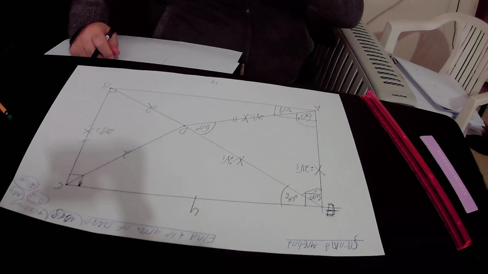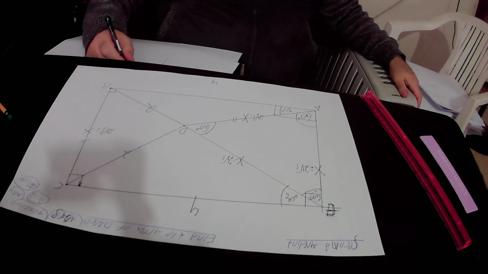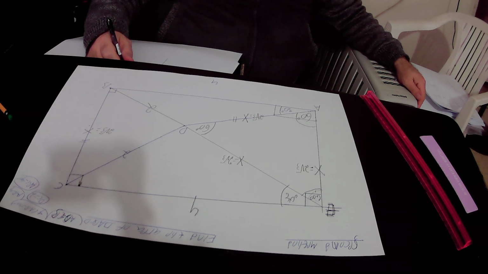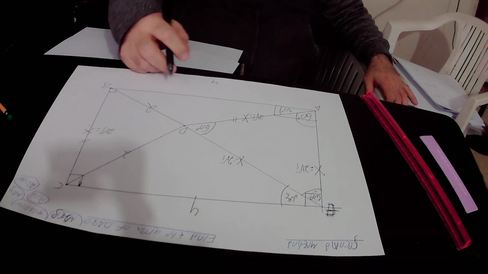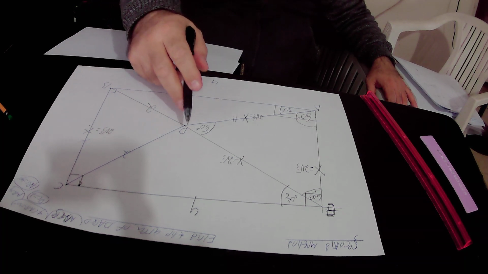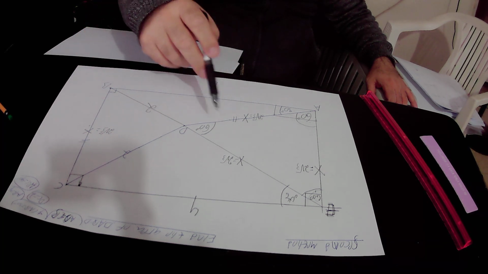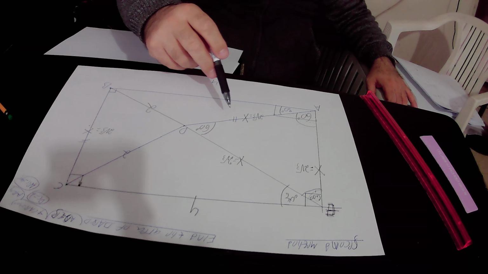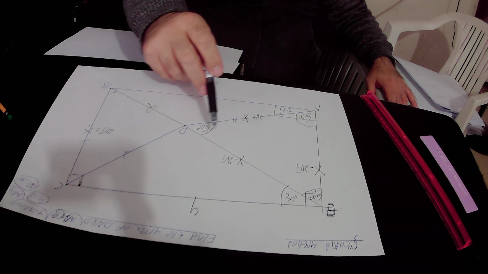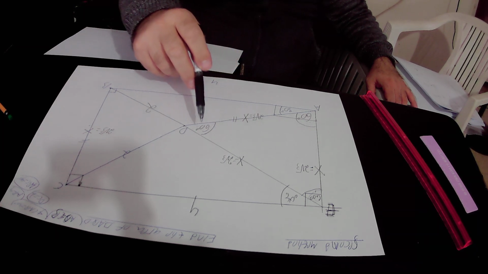And the area of quadrilateral ABCD. Quadrilateral ABCD consists of two triangles, triangle CDE and triangle ADE. So the sum of the areas of those two triangles will be equal to the area of quadrilateral ABCD.